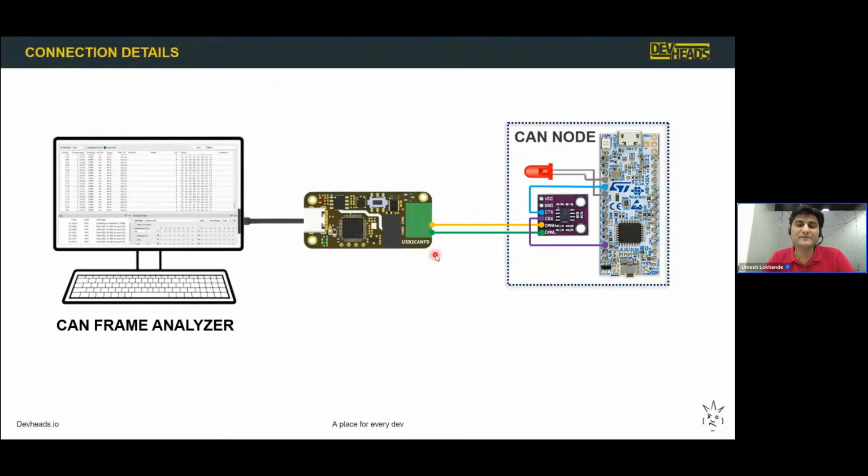So we put in between a USB to CAN FD adapter. This adapter basically takes the CAN data over CAN high and CAN low, processes it over USB, and gets it to the host PC. I will show you a live demo of how this communication actually works in the real world. But this is what the setup is all about.